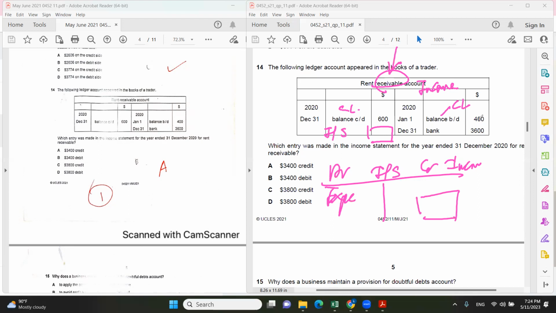We take 4,000 minus 600, we get 3,400. So this 3,400 is made in the income statement, which is this side. So it will be credit side. Okay, move on to the next.